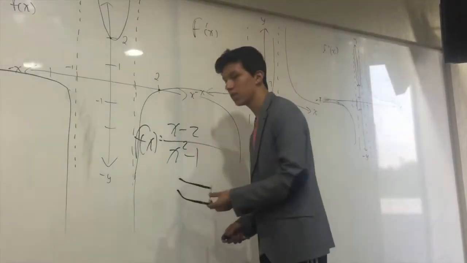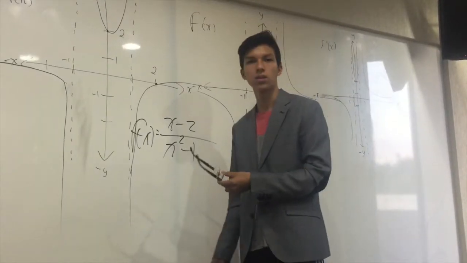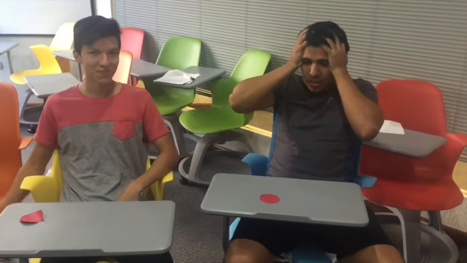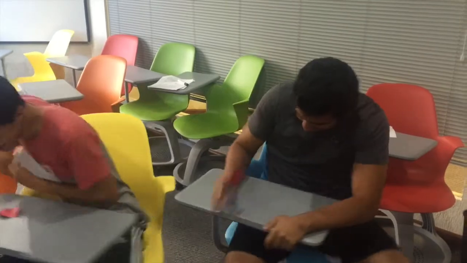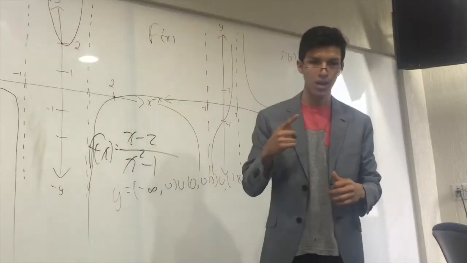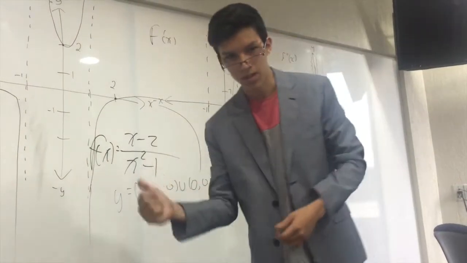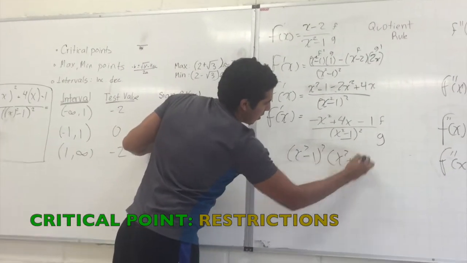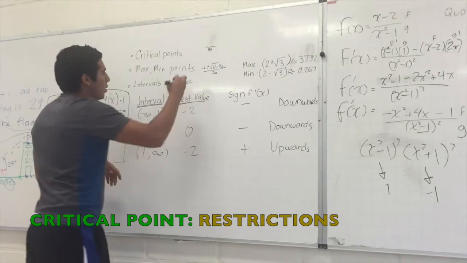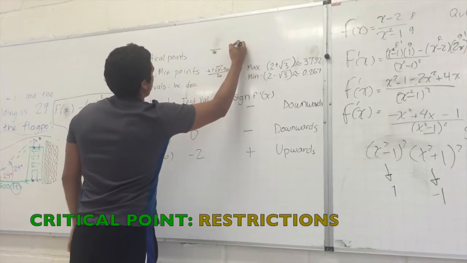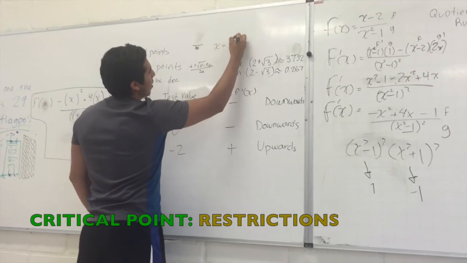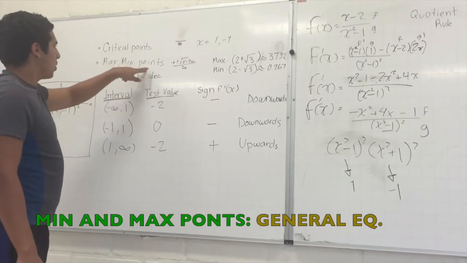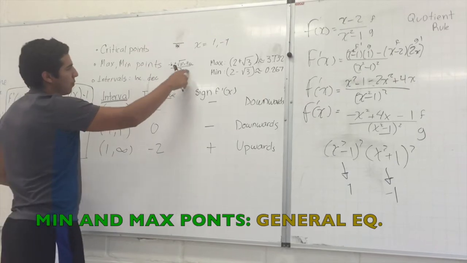I want you to tell me the maximum and minimum points, the critical points, and the intervals where the graph is increasing or decreasing. Yes? Go on. For the critical points, we're going to use the denominator. We factorize. So the critical points are going to be when x is equal to 1 and minus 1. The maximum and minimum points, we're going to use the general equation.